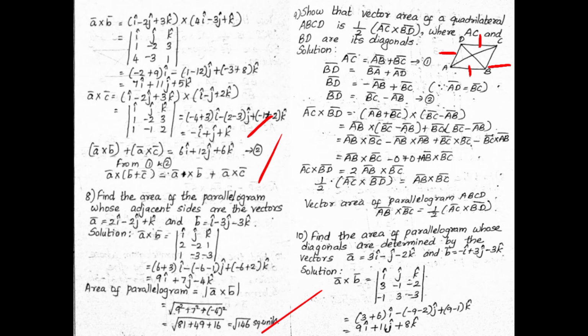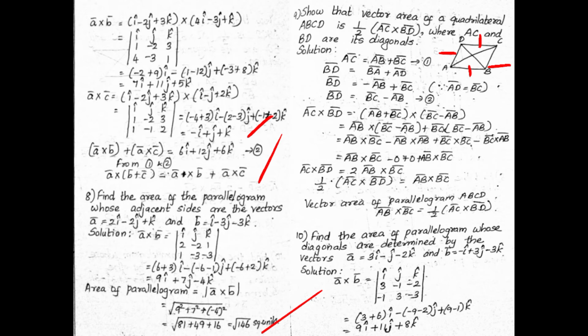Therefore AB is equal to DC, BC is equal to AD. Since it is a parallelogram, we have to prove the area is half of diagonal AC cross BD. So see the solution.